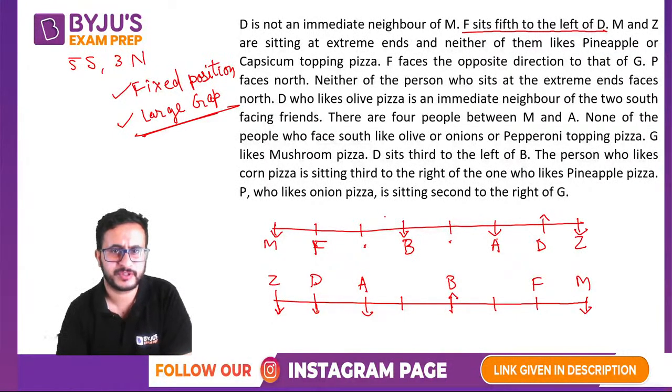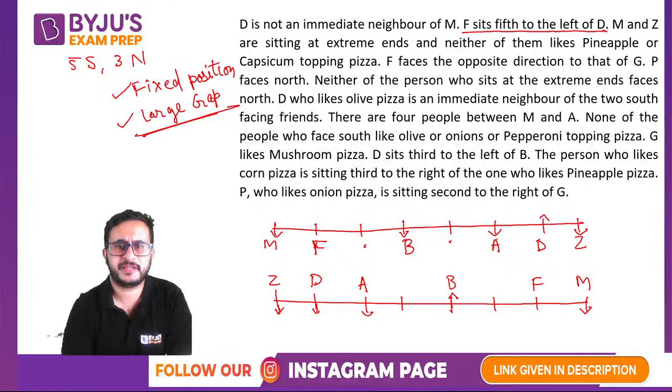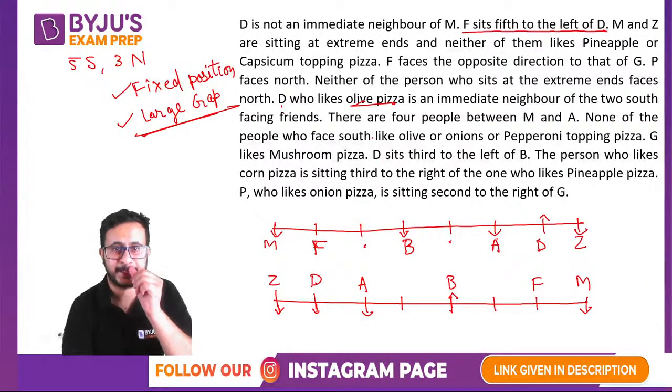D does not face south. Is it written somewhere? Okay, we are given here D likes olive pizza, and here we are given that people who face south do not like this.